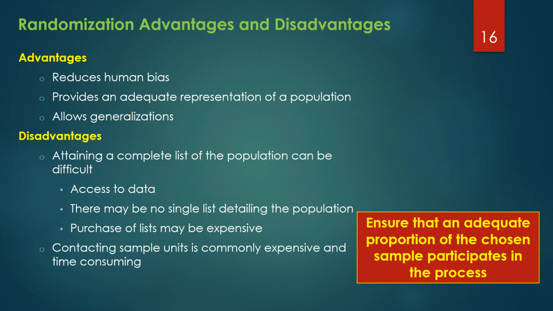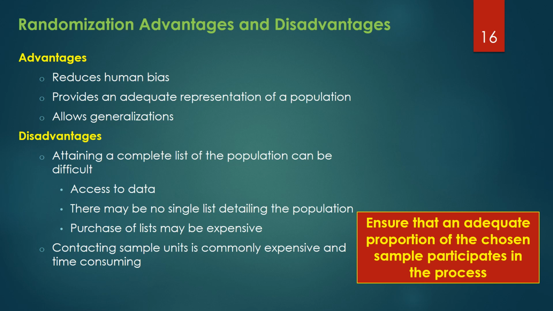While simple random sampling is one of the gold standards of sampling techniques, it has advantages and disadvantages. The aim of the simple random sample is to reduce the potential for human bias in the selection of cases to be included in the sample.